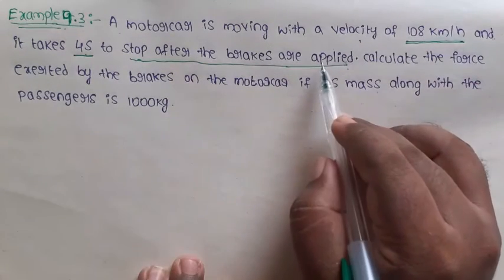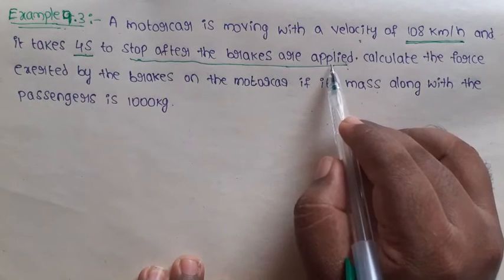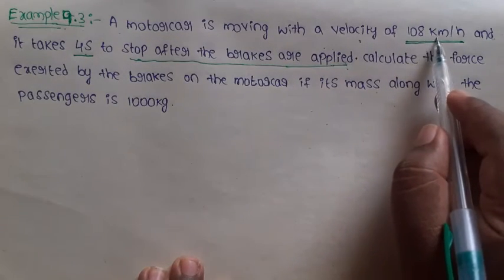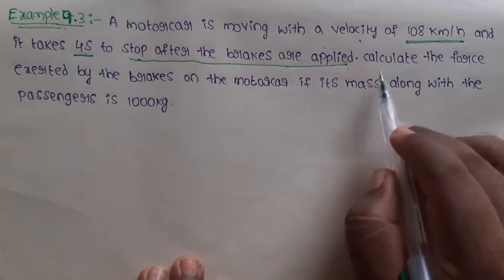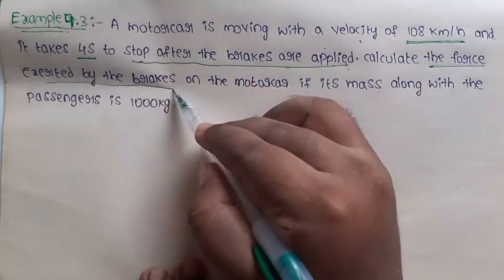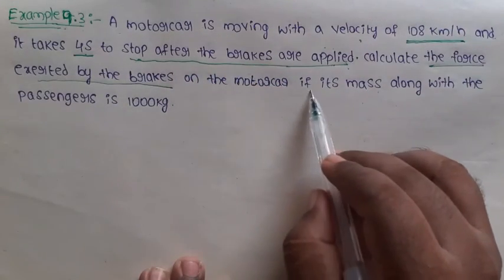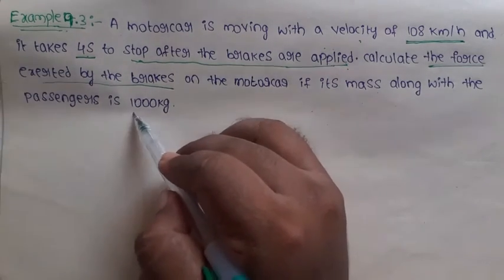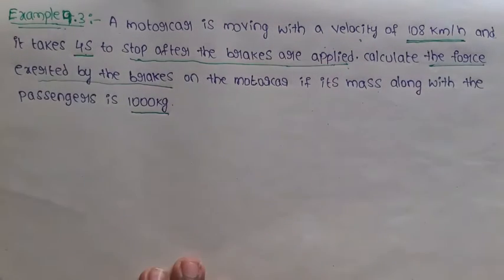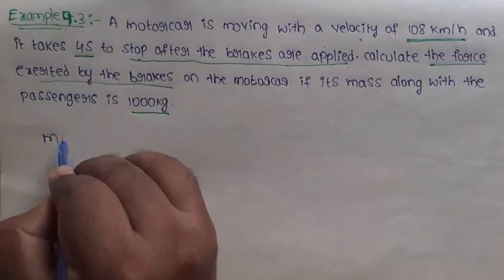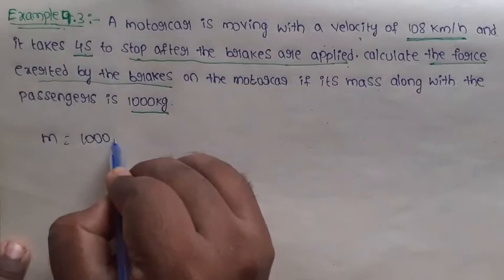While applying the brakes, its final velocity becomes 0. So v value is 0, u value is 108 km per hour. Calculate the force exerted by the brakes on the motor car if its mass along with the passengers is 1000 kg. So the mass of the object is 1000 kg.